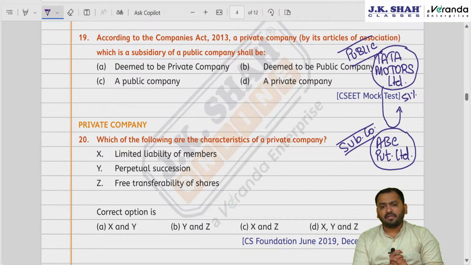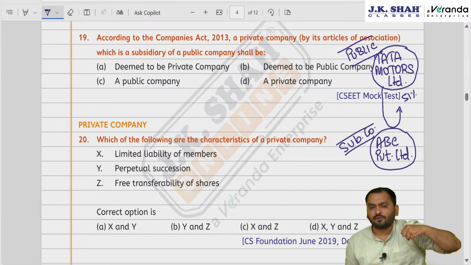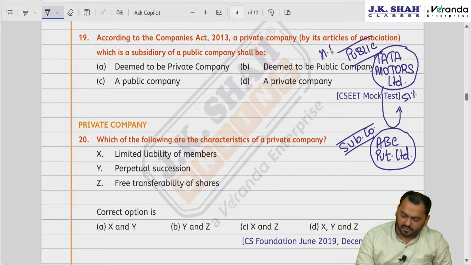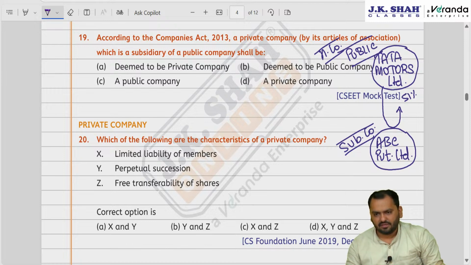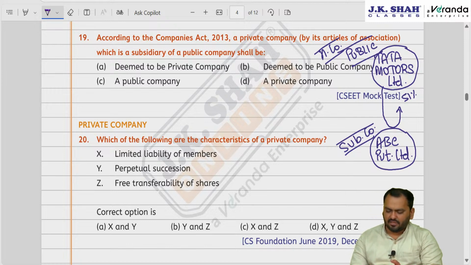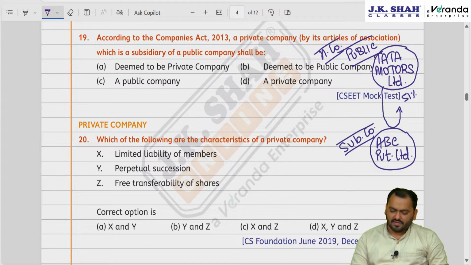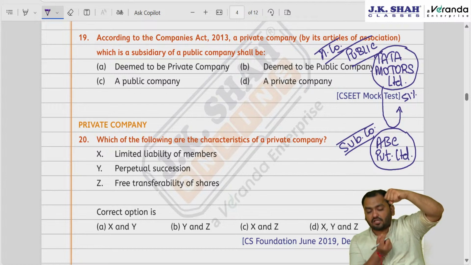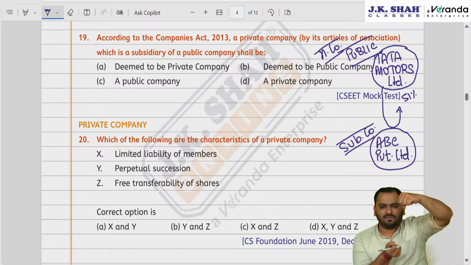When one company has a shareholding of 51% or more in another company, such company becomes the holding company and the other company becomes the subsidiary company. That was the meaning of holding company and subsidiary company. Again I repeat, when one company has 51% or more shares of another company, this company becomes the holding company and the other is called the subsidiary company.